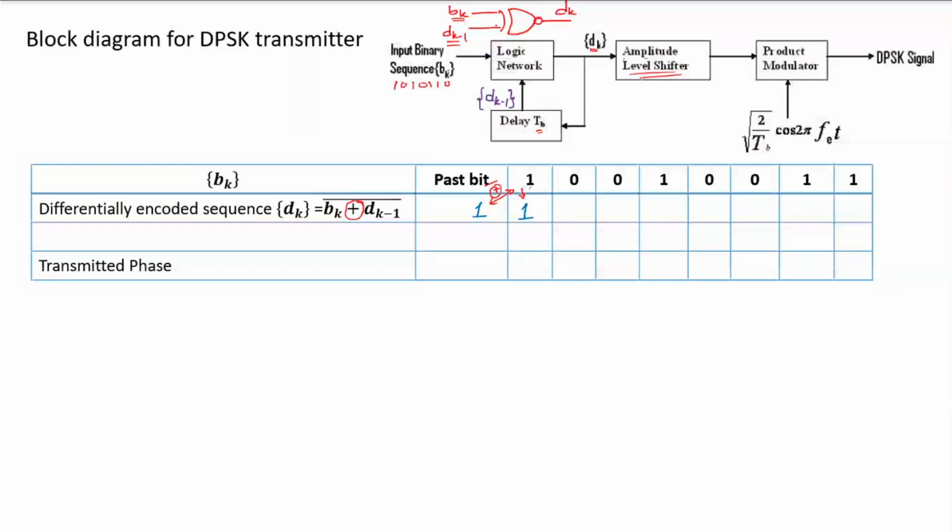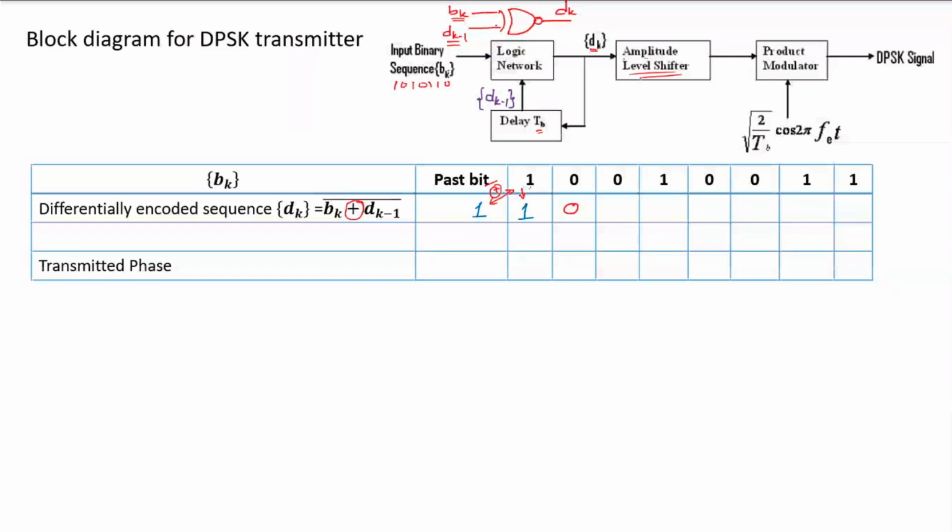For present bit 1, the present output is 1. Now the next bit I take, present bit is 0. The past output will be 1. So 0 XNORed with 1 will result in a 0.